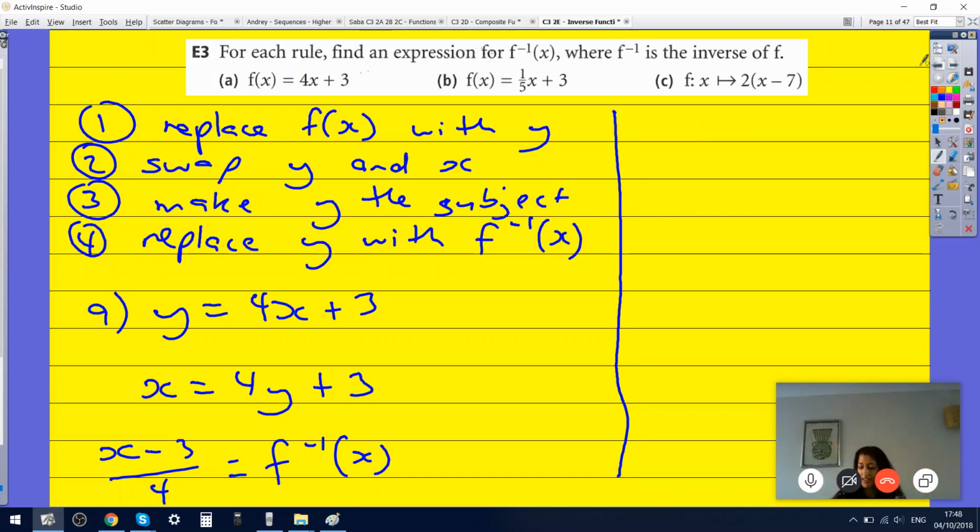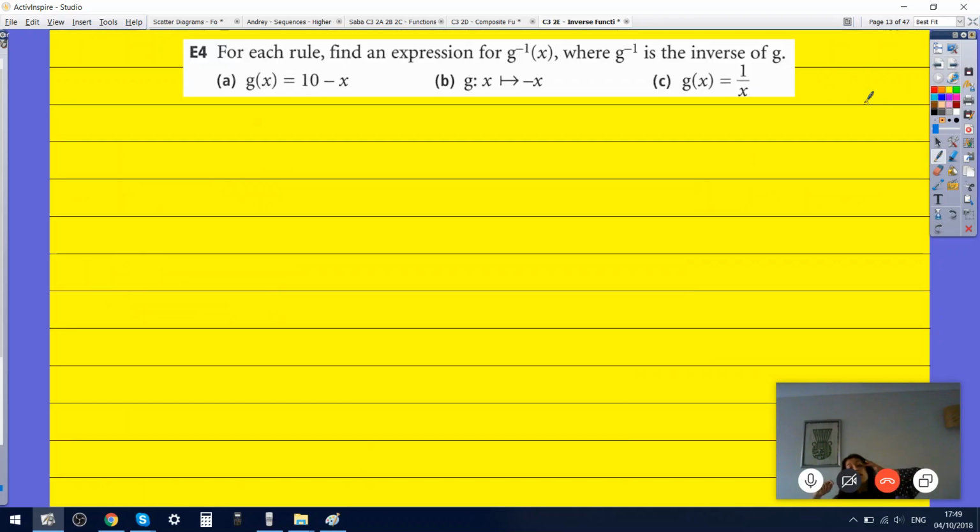F such that x maps onto, so it's another notation for a function. It means the same thing, very similar. I don't want to get into it. It's like the difference between y equals and f of x equals.